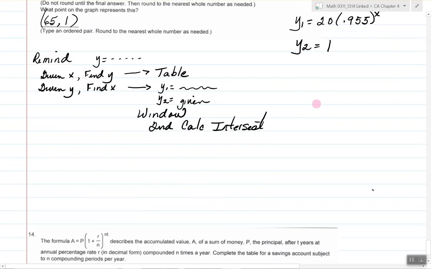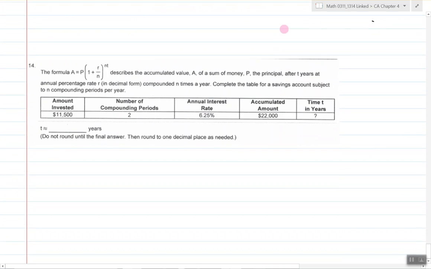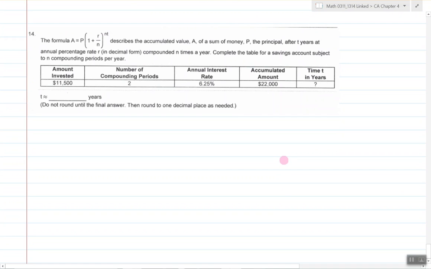All right, so now we have a problem that is compound interest again, but this time we're not going to just plug in the principal and the rate and the compounding periods and so on and solve for A. This one, same formula. We're going to complete the table. We want to know time.